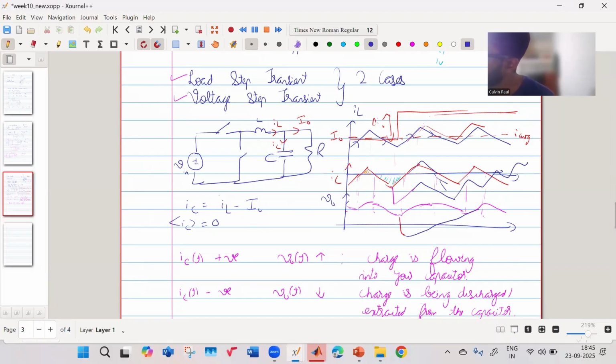So your output voltage also will change like this. In that case, this is your undershoot, dV undershoot, and how much time it takes to reach steady state, that is known as your recovery time.